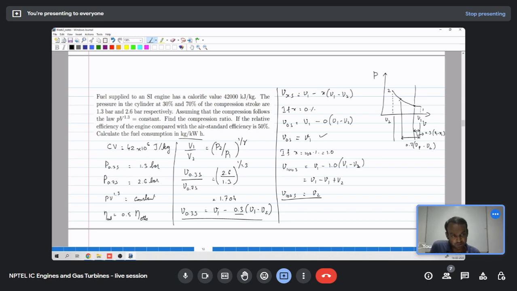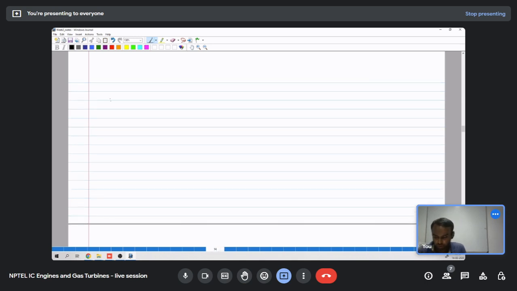So the volume at 30% stroke is V1 minus 0.3 (V1 minus V2), which is 0.7 V1 plus 0.3 V2. Similarly, the volume at 70% stroke is V1 minus 0.7 (V1 minus V2), which is 0.3 V1 plus 0.7 V2.